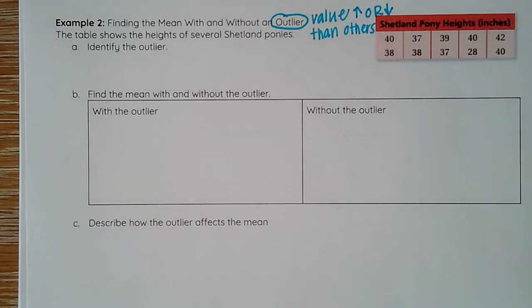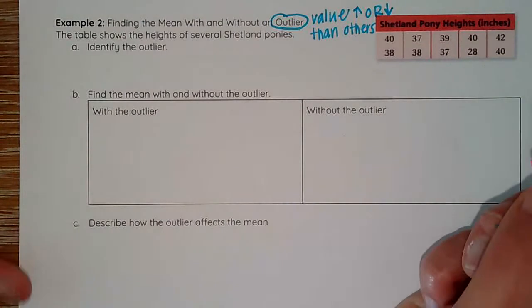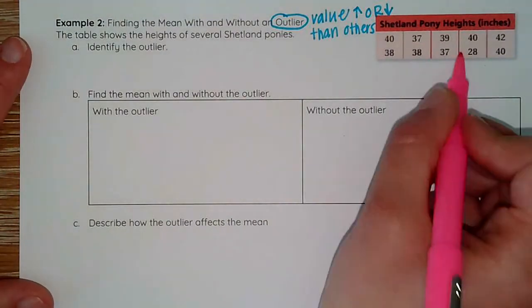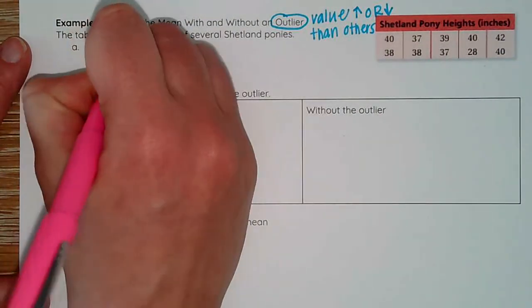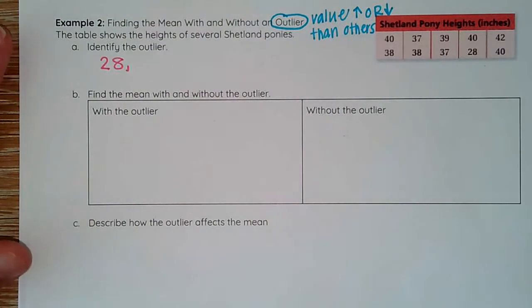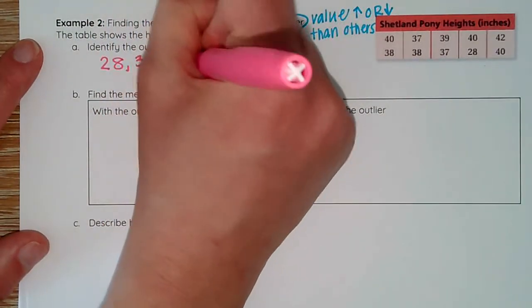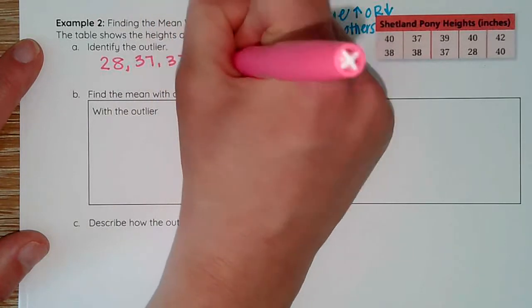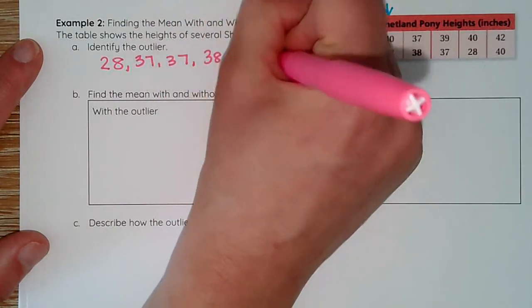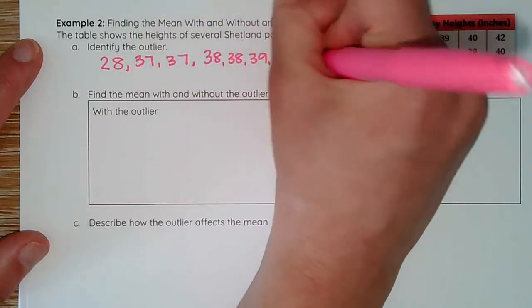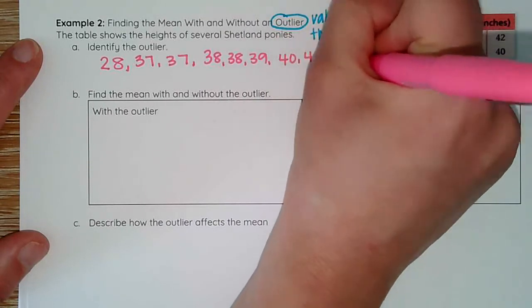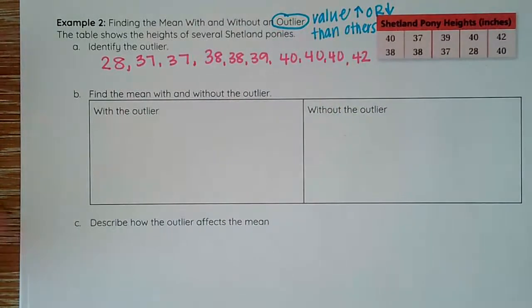For now, I'm just going to make a list. So I start with my lowest, and my lowest here is 28. Next, I have 37, 37, 38, 38, 39, 40, 40, 40, and 42.